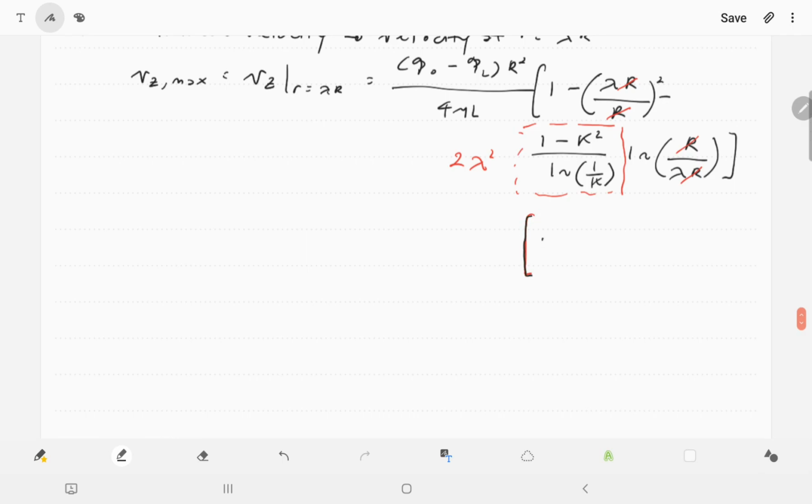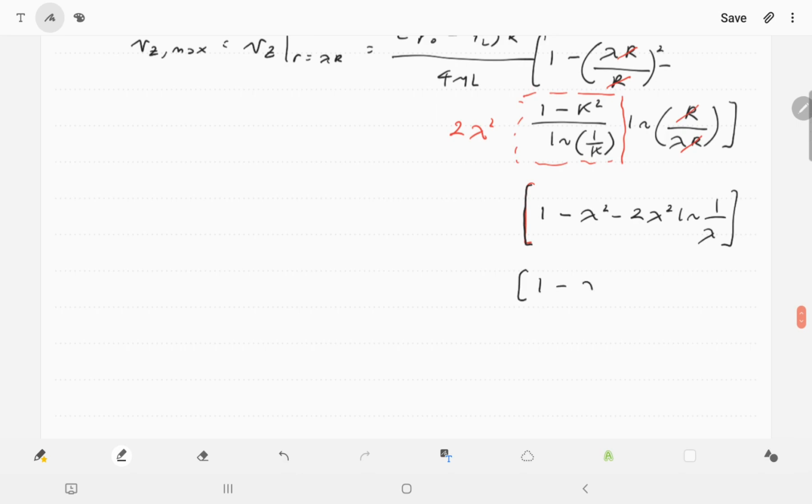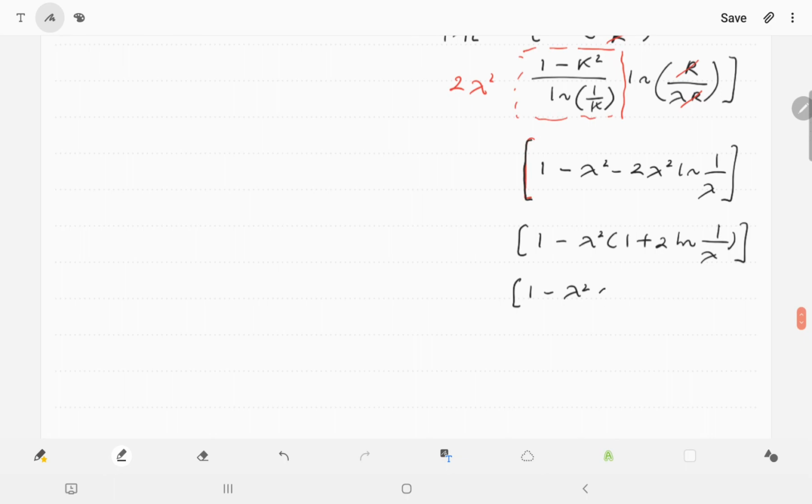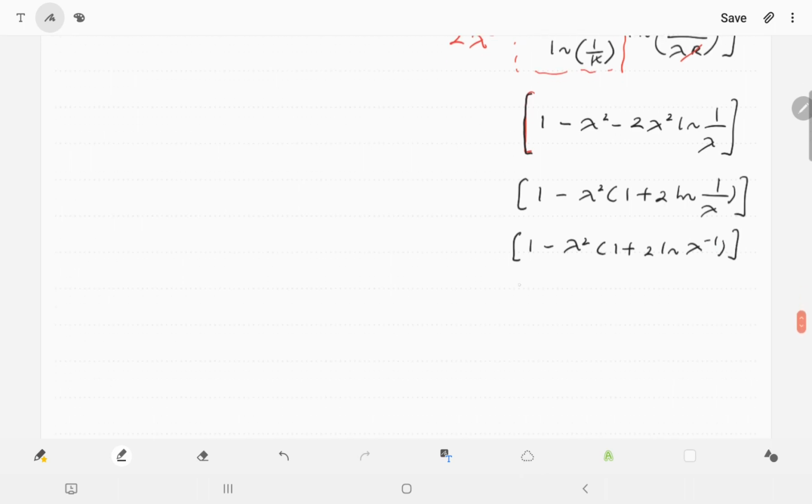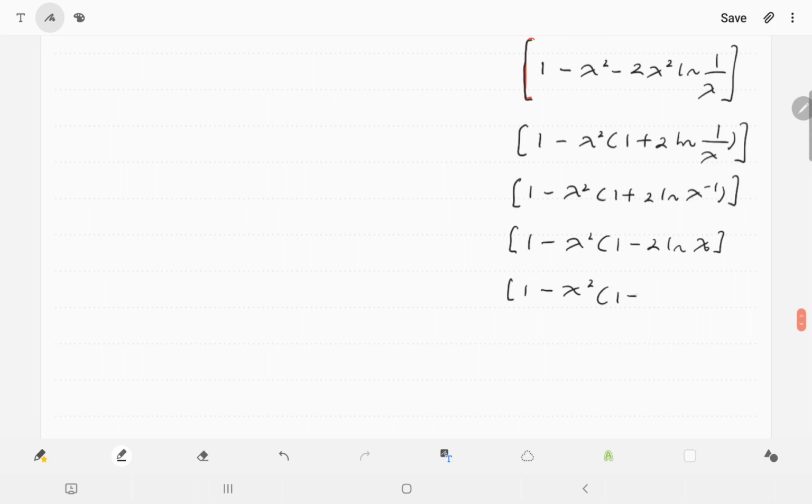So I will just continue with the terms inside the brackets. This will be 1 minus lambda square minus 2 lambda square ln 1 over lambda, and carrying on, 1 minus lambda square times 1 plus 2 ln lambda, which is 1 minus lambda square times 1 minus 2 ln lambda, which is 1 minus lambda square times 1 minus ln lambda square.